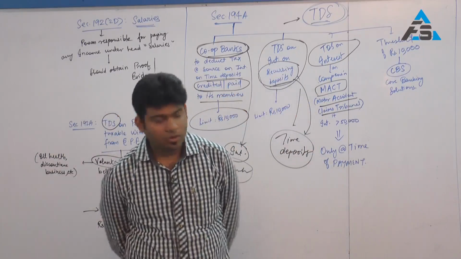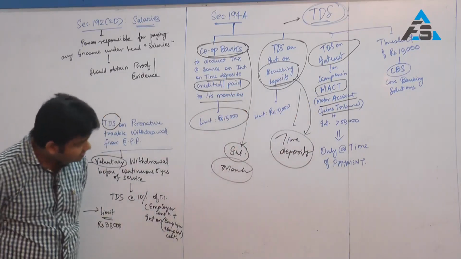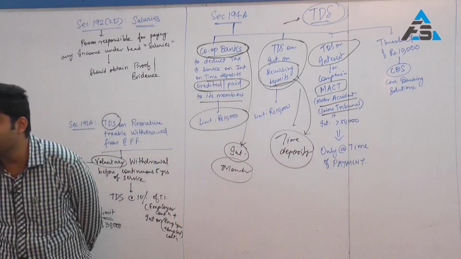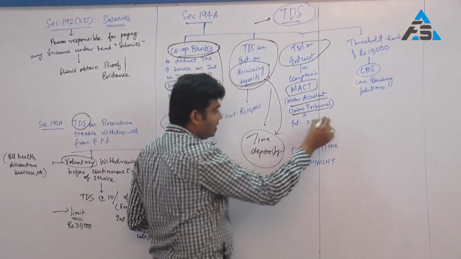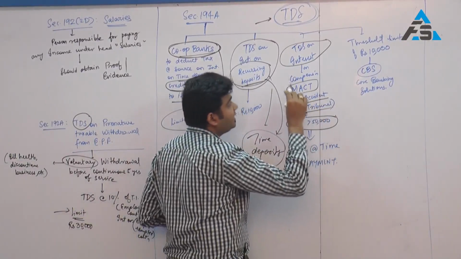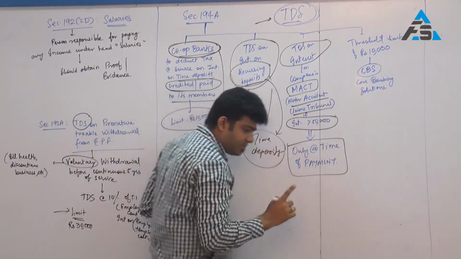So in order to clarify, they have introduced this: if the interest amount on the deposit lying with the bank in relation to the Motor Accident Claims Tribunal is more than 50,000, then it will be liable to TDS only at the time of payment. Why?